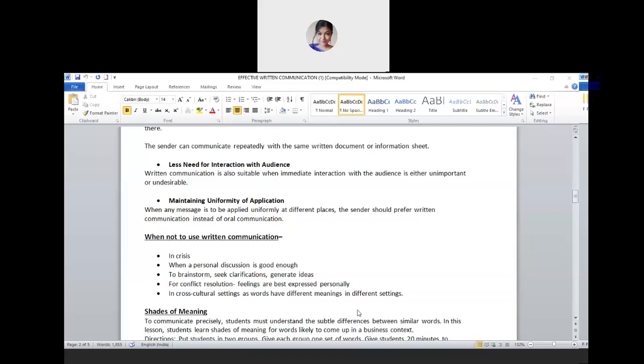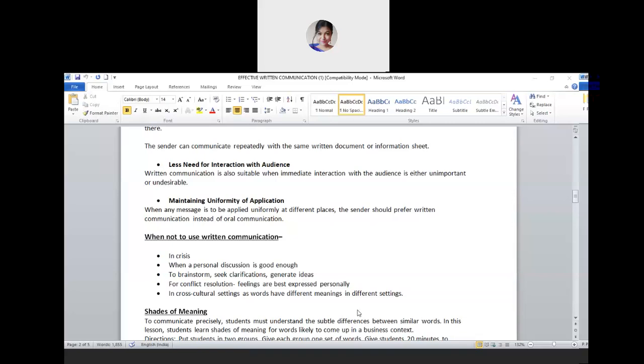Because the same word might have a different meaning in your culture and in my culture. So if you write and communicate, you will develop some kind of misunderstandings, isn't it? So in that case, it's better to have personal, oral communication. It's better to have a conversation with one another orally rather than writing.